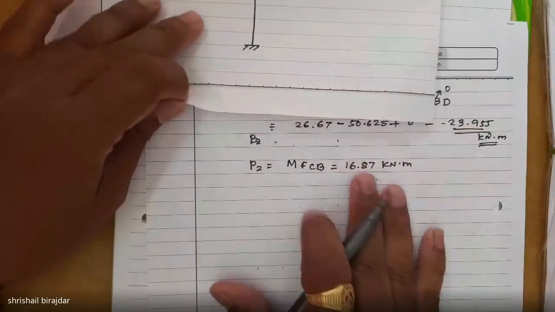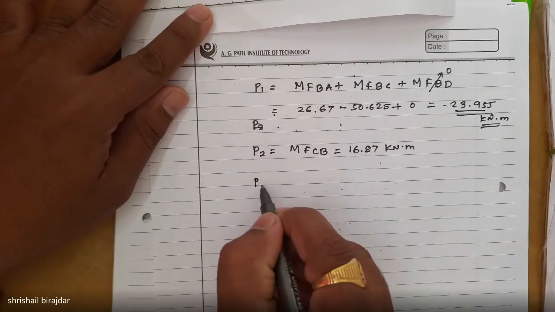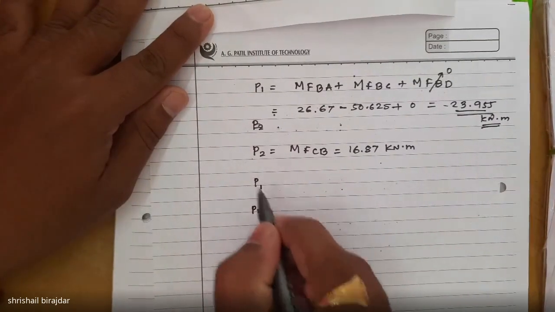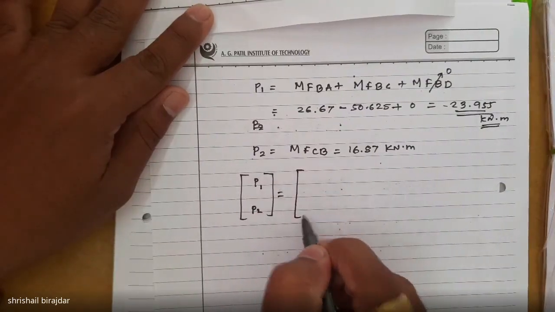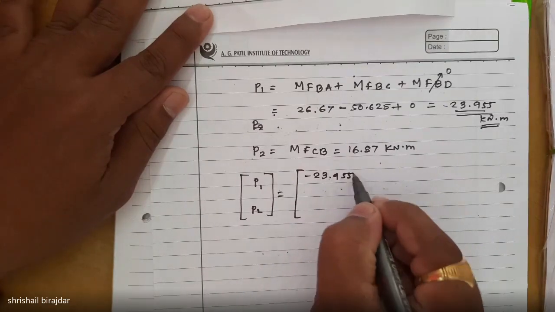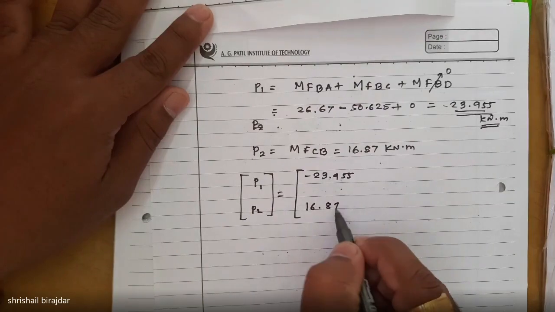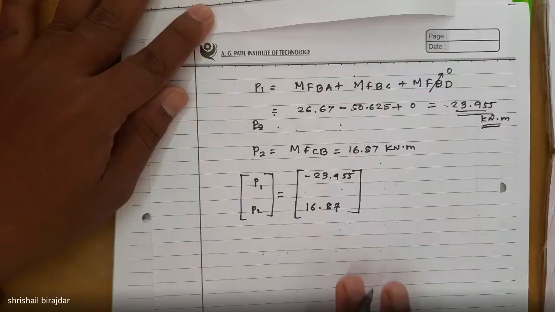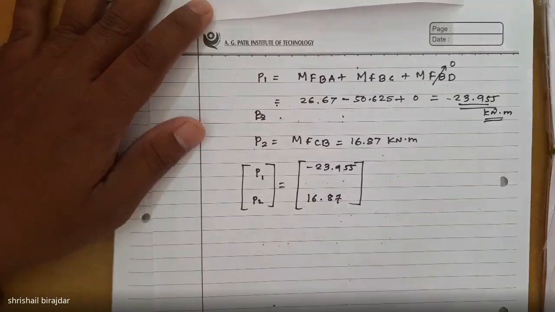Okay, we'll get the P matrix with the help of this. We can write P1, P2 here. P1 is equal to 23.955 and P2 is equal to 16.87. This way you have to get the P matrix.